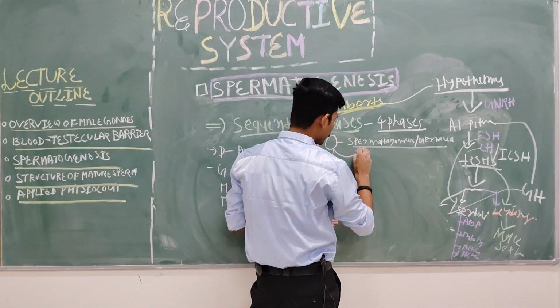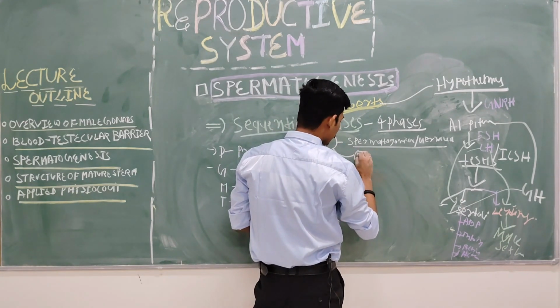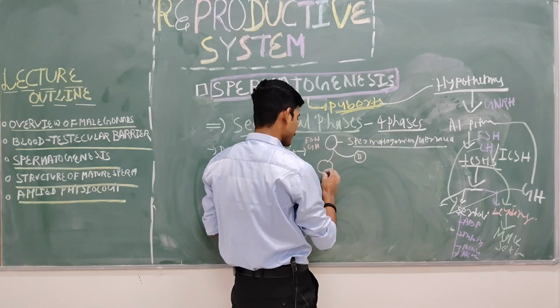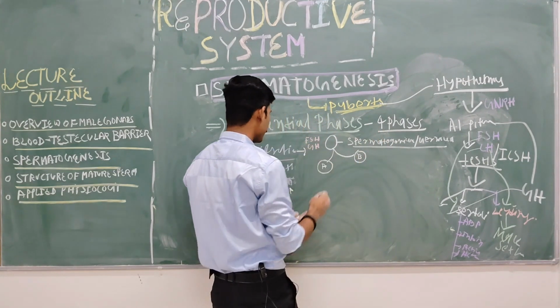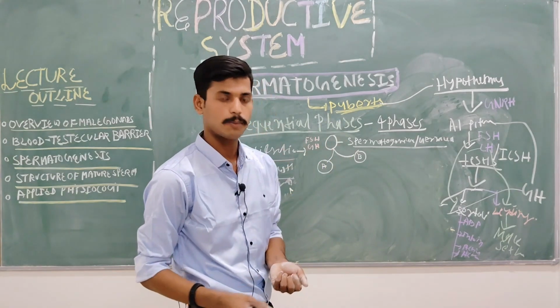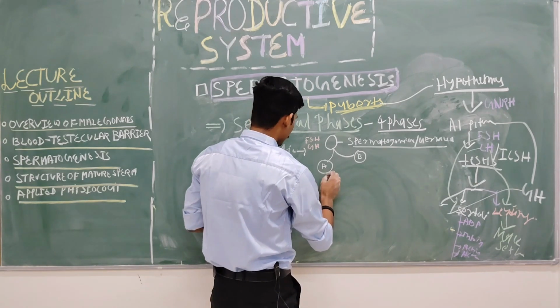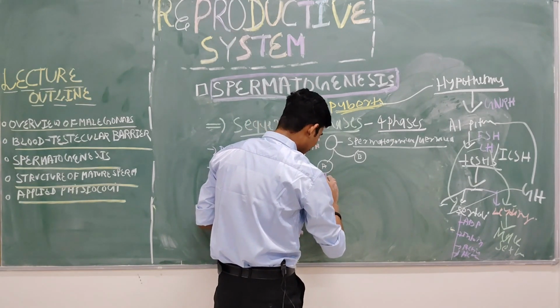One is preserved, that's the type B cell, and one participates in the spermatogenesis process, that's the type A.